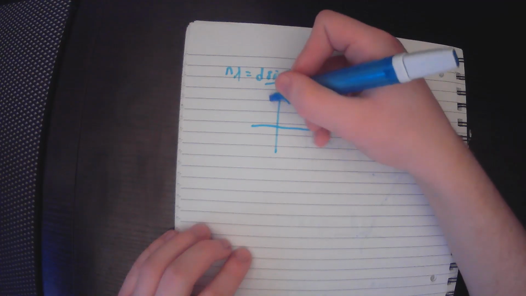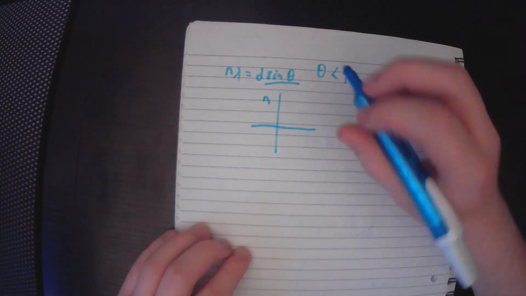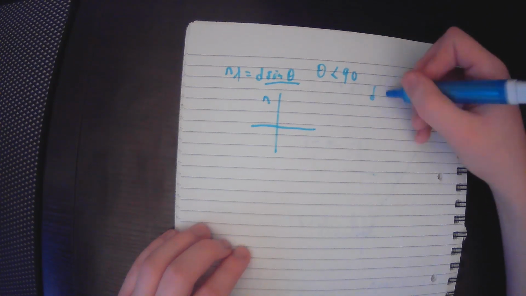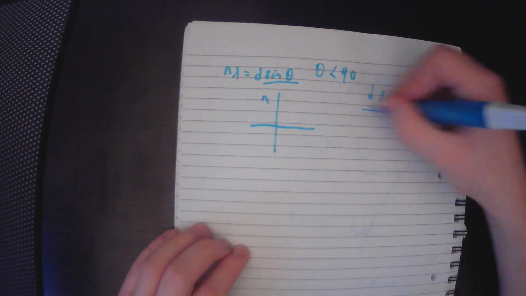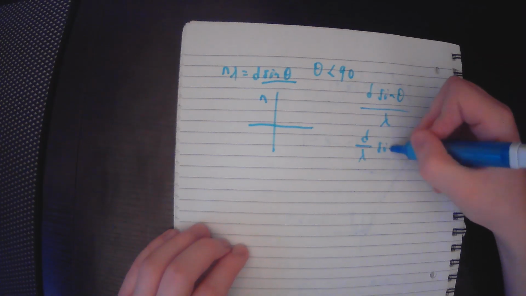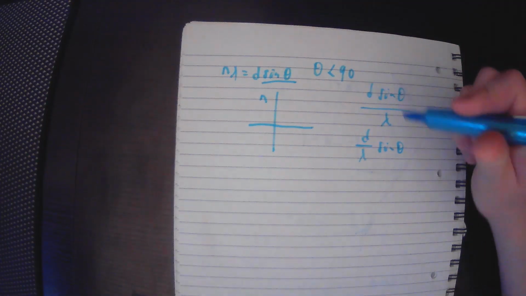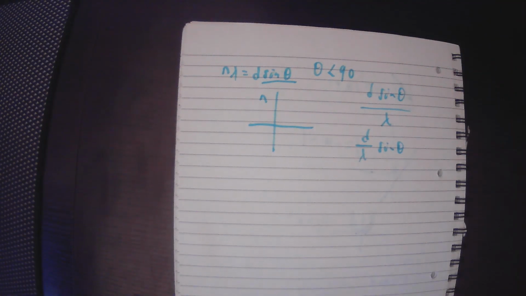So if we plot the order of spectra, which is n, and rearrange for n, you get d over lambda sine theta. Sine theta is what we're changing. The d is the slit separation, and lambda is wavelength. You don't need to know about that for this lesson in particular.